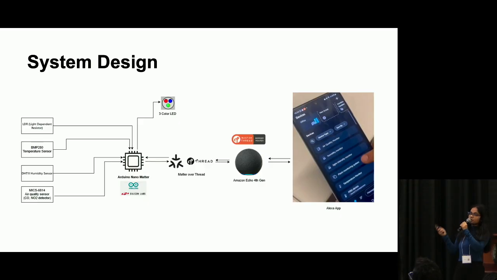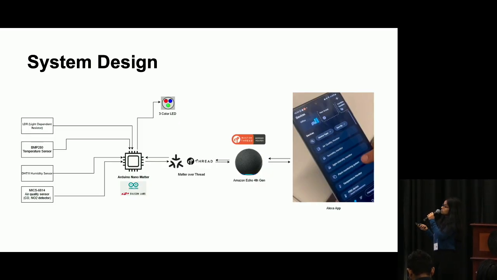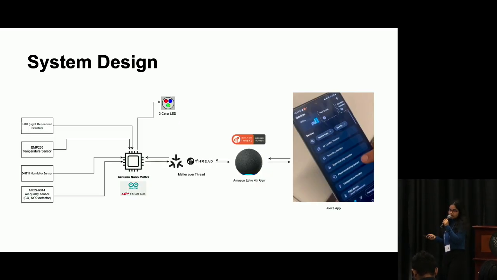Coming to the communication part, which is the key differentiator in this system, all the values given to the Matter board are communicated to the Amazon Echo 4th Gen through Matter over Thread. Matter is a protocol which seamlessly integrates with any other Matter-enabled device and fits into a smart home ecosystem.